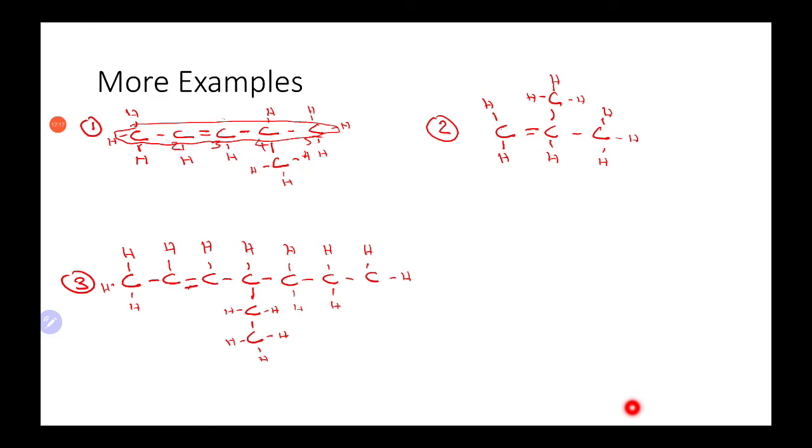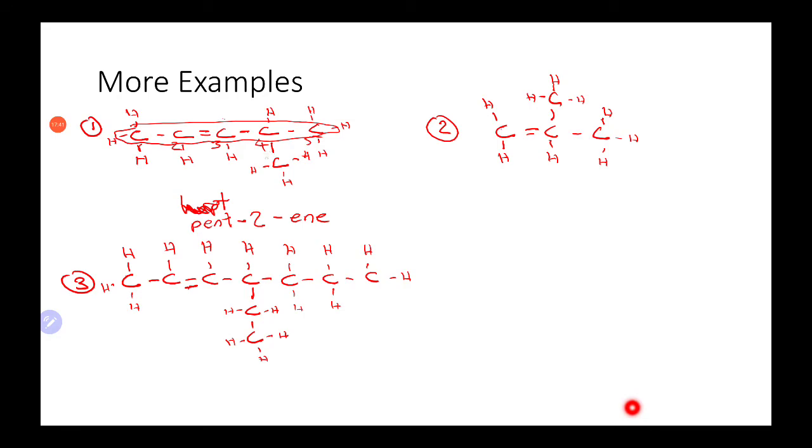It's going to be on carbon 2. It's 5 carbons, so that's hept. No, it's not, sorry. That's pent. It's on carbon 2, so that's pent-2-ene.